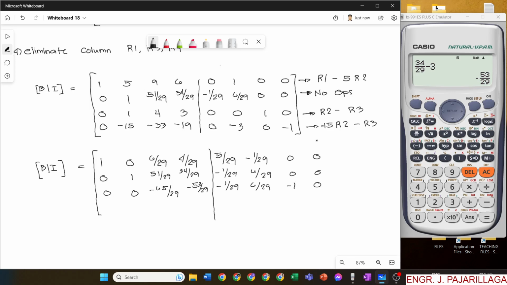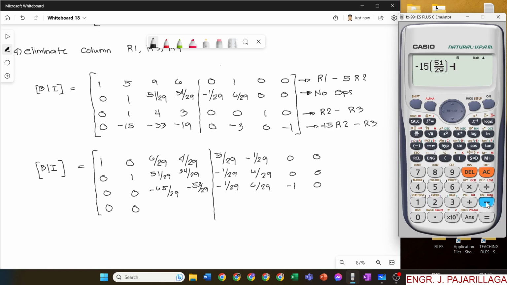So, for the last row, we have negative 15 R2 minus R3. Okay, so negative 15 multiplied by 0 minus 0 is 0. So negative 15 multiplied by 1 minus negative 15, that would be 0. And then we have negative 15 multiplied by 51 over 29.